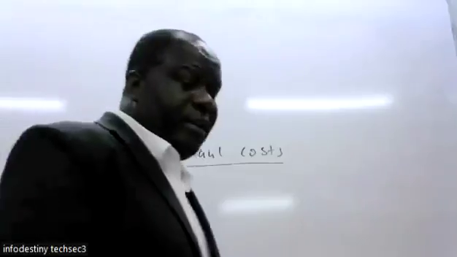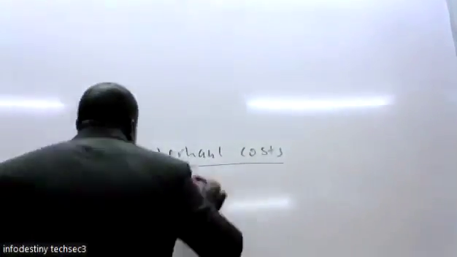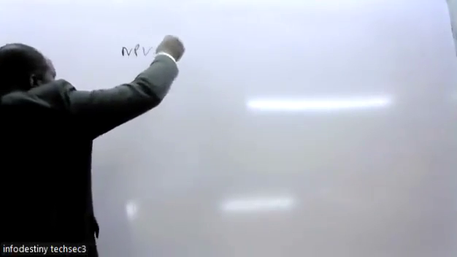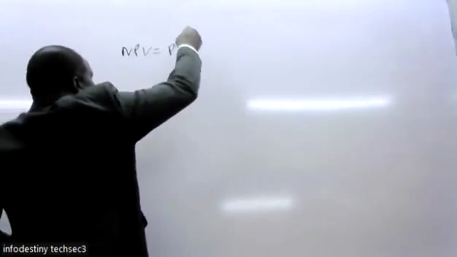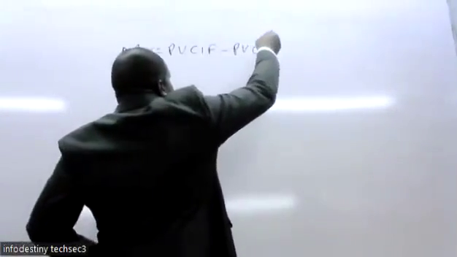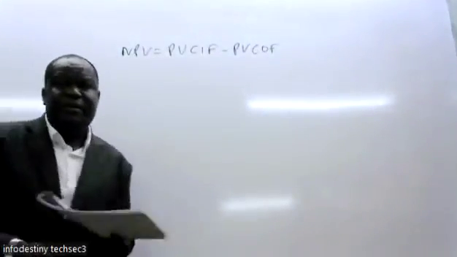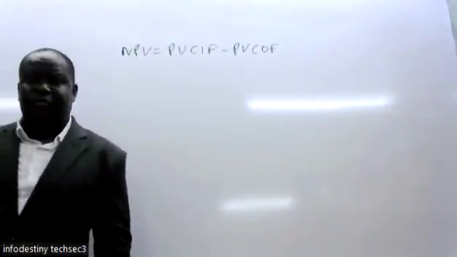So to compute the net present value, NPV is given by the present value of the cash inflows minus the present value of the cash outflows.